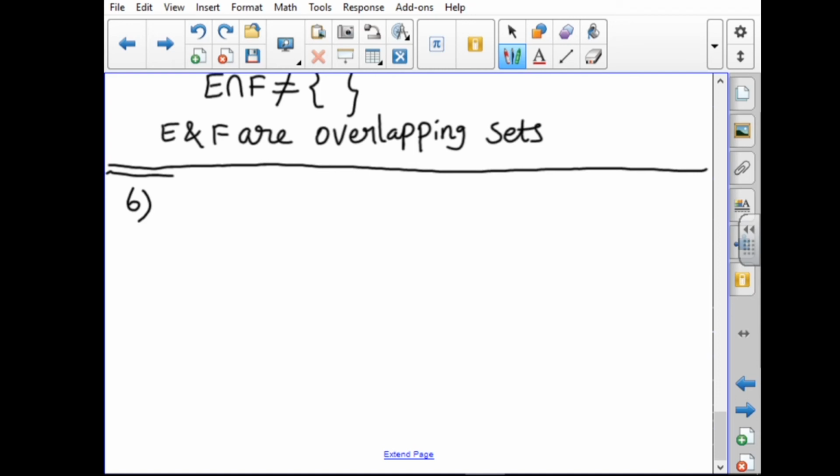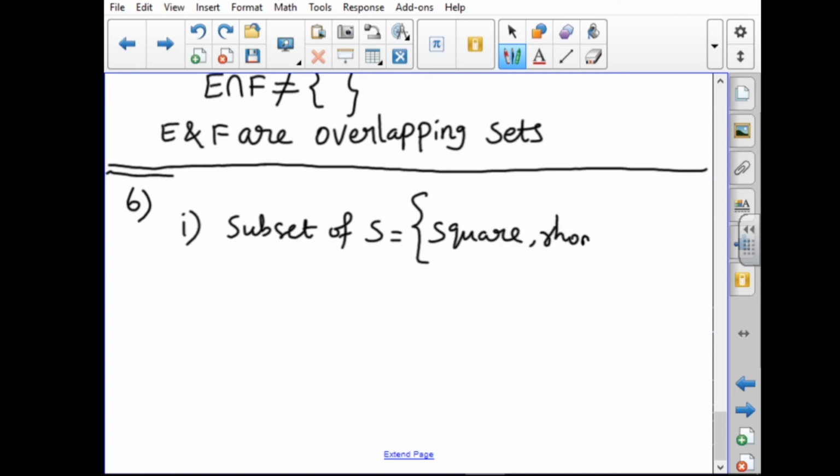Okay. So first one, subset of S, 4 equal sides means a square and rhombus is possible. So square and rhombus.